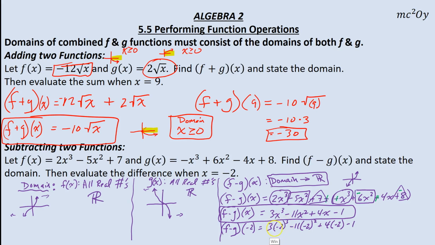Okay, well that's -8 times 3, or -24. And 4 times -11 is -44. And 4 times -2, -8, minus 1. That gives me a grand whopping total of, I believe, -77. All right. f minus g of -2 is -77.